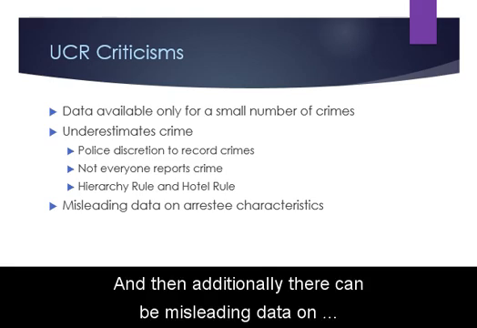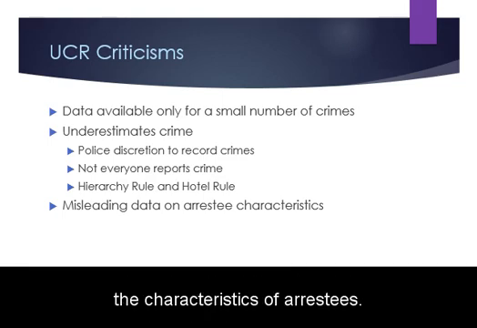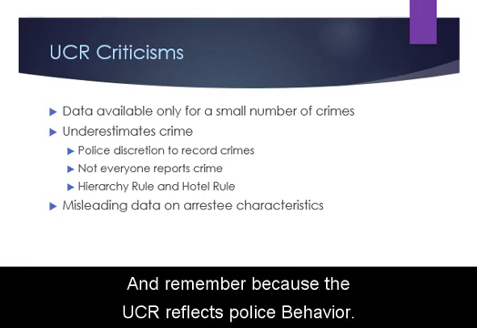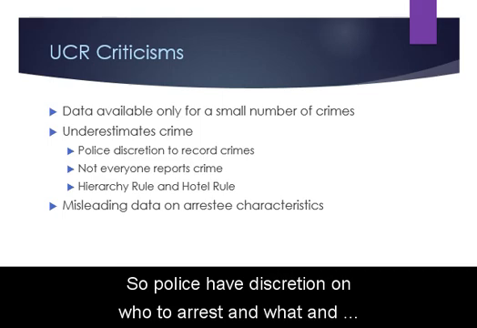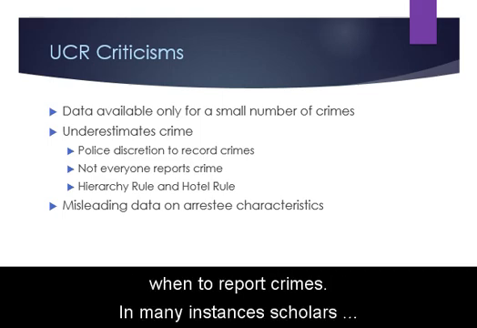And then additionally, there can be misleading data on the characteristics of arrestees. And remember, because the UCR reflects police behavior, police have discretion on who to arrest and what and when to report crimes.